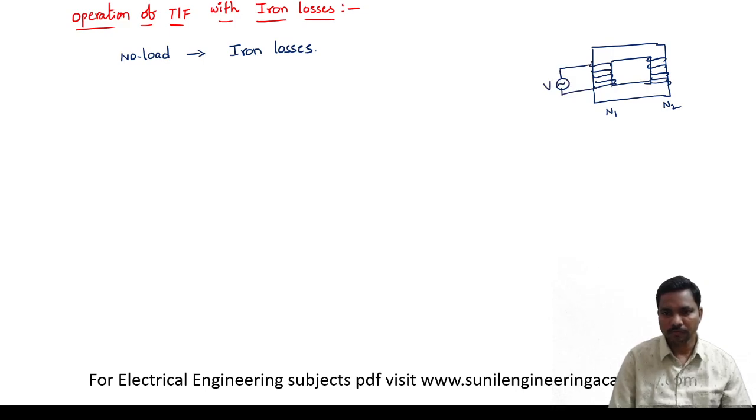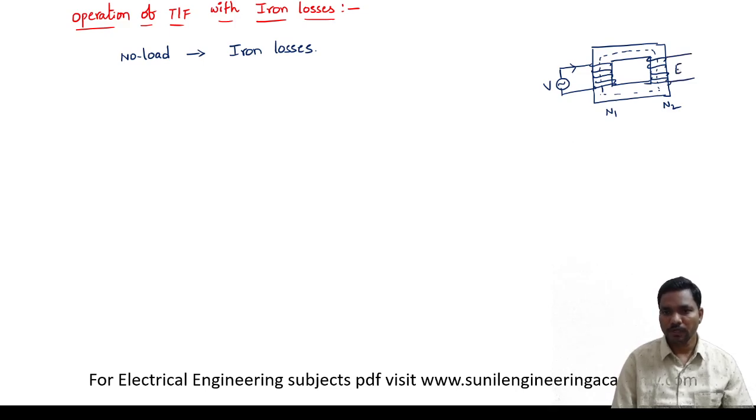Okay, voltage. If you give the voltage, then current is flowing. And here the flux is produced. That flux is transferred to the secondary. Here EMF is produced, but here load is not at all connected.